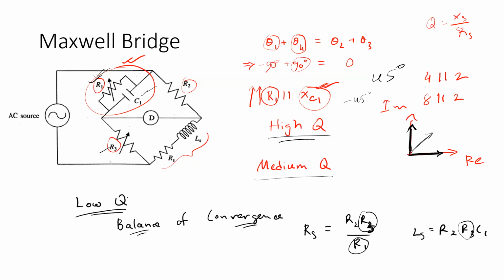But for low Q values, RS is more dominant because the element is more resistive compared to the previous case. So as LS is small, when you are trying to adjust LS in terms of the variation of R3, as RS is having the significant effect here, slight variation of R3 might significantly affect the convergence in terms of RS.